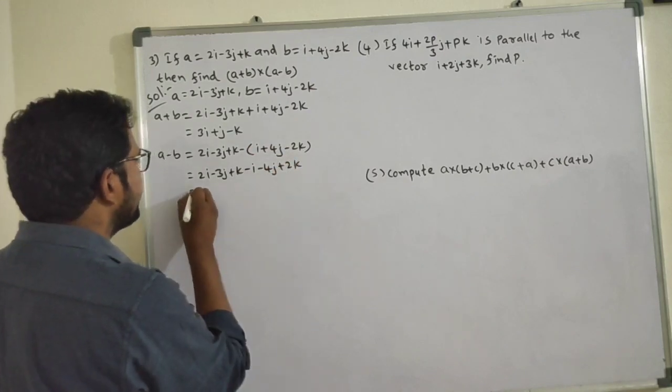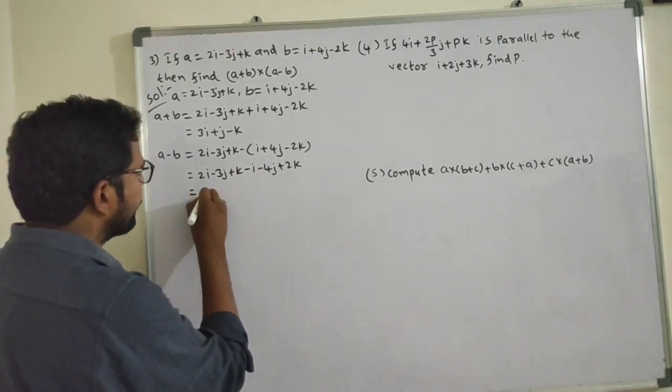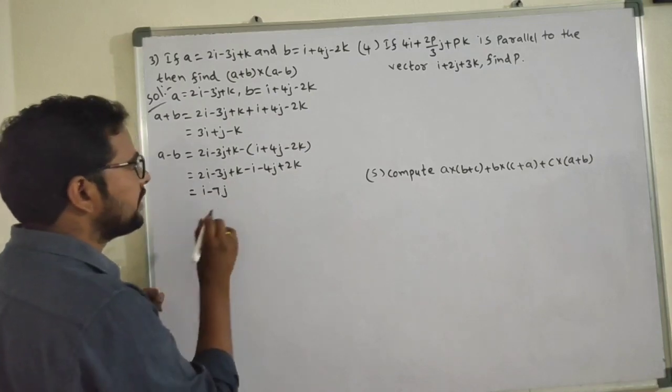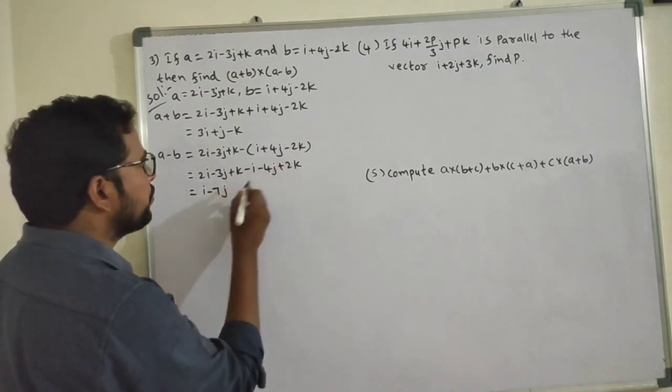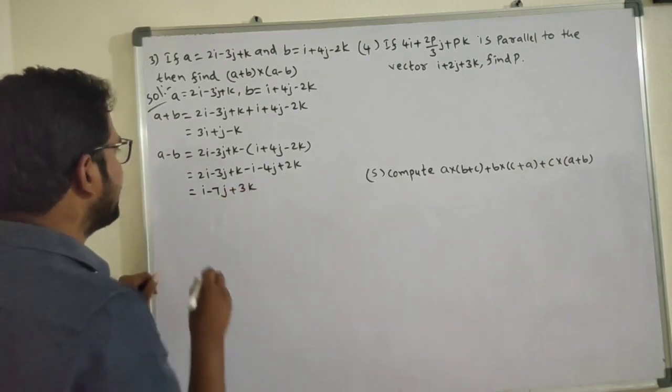This is equal to 2i minus i, 1i, minus 3j minus 4j, minus 7j, plus k plus 2k, plus 3k. This is A minus B.